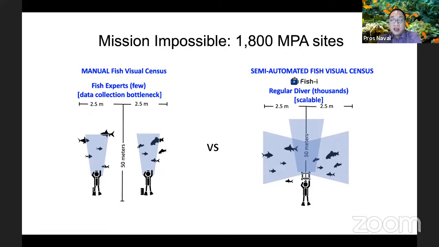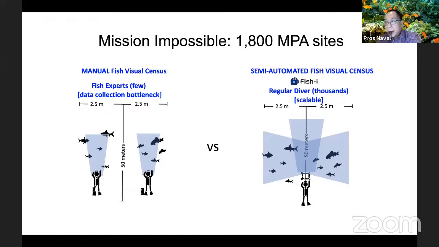So this is something that's very scalable. You don't need to depend on experts to collect the data. The experts are probably better off analyzing data and giving advice to communities on what to do.